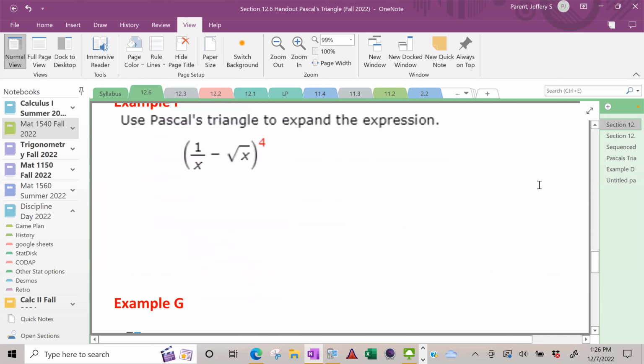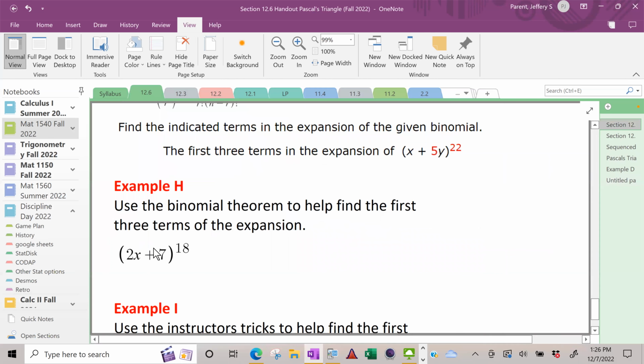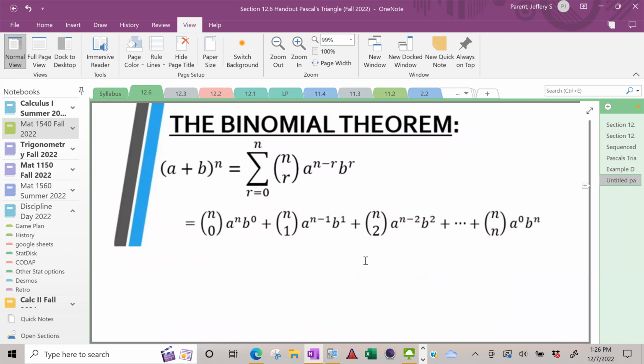Say, for instance, something like 2x plus 7 to the 18th power. If you're stuck getting the coefficients for the 18th or 19th row or the 22nd row of Pascal's triangle, that might put a little damper on your day. So it'd be nice to have a little formula that you can fall back on.